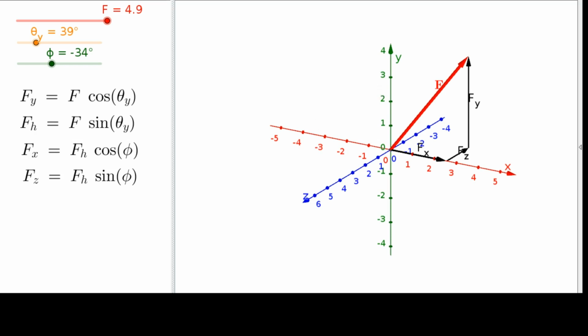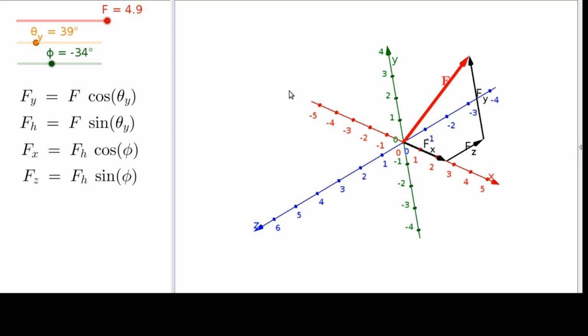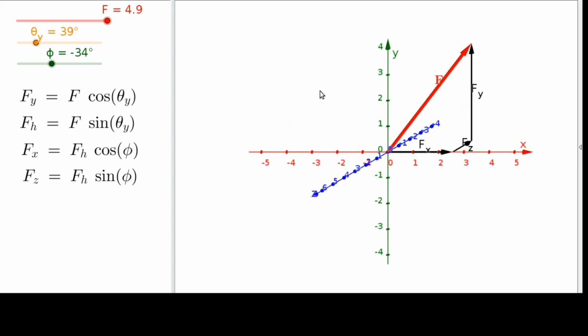We can use an oblique projection where your XY plane is your normal two-dimensional XY plane. Then we have the third direction coming out at an angle, 45 degrees down here.